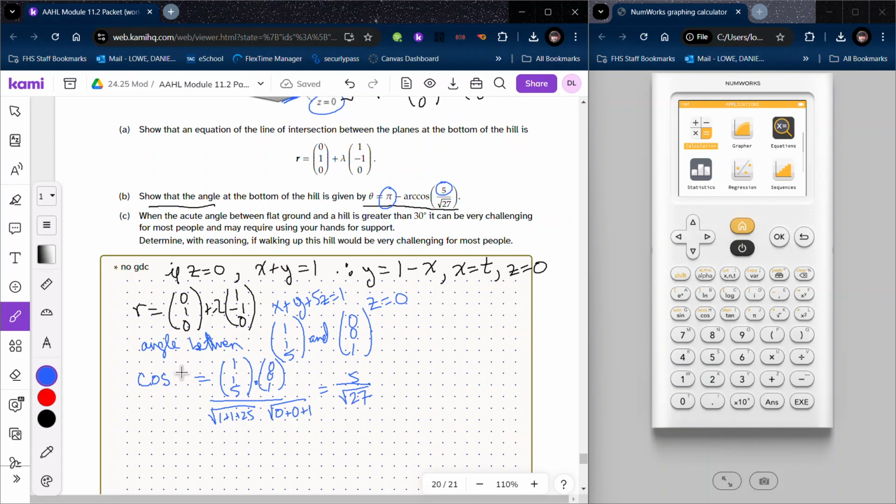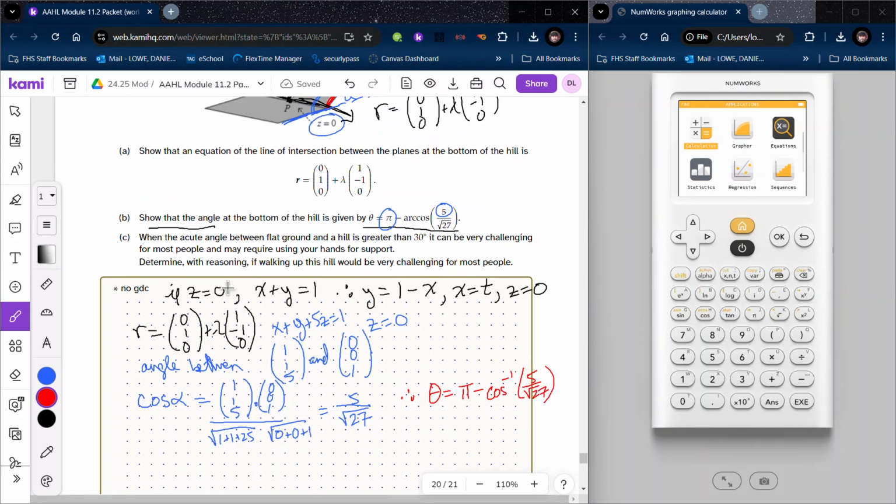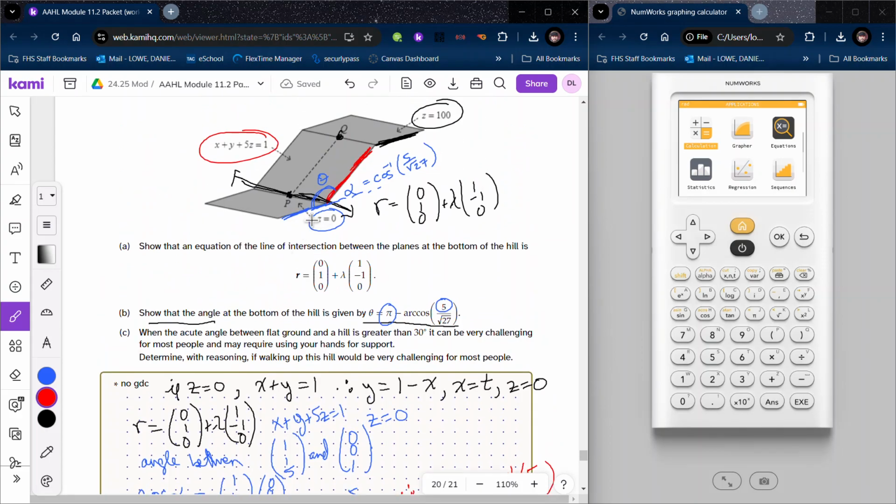But remember, because that's acute, that's going to be the cosine of alpha, and we know that theta is the complement to that, so therefore theta has to be pi minus the inverse cosine of 5 over root 27, as what we were trying to show.